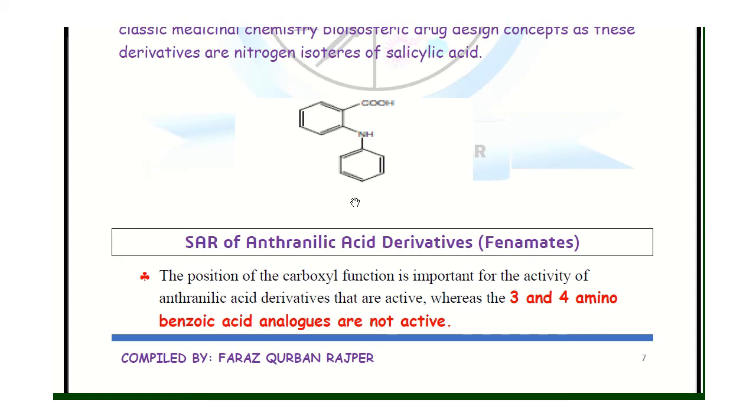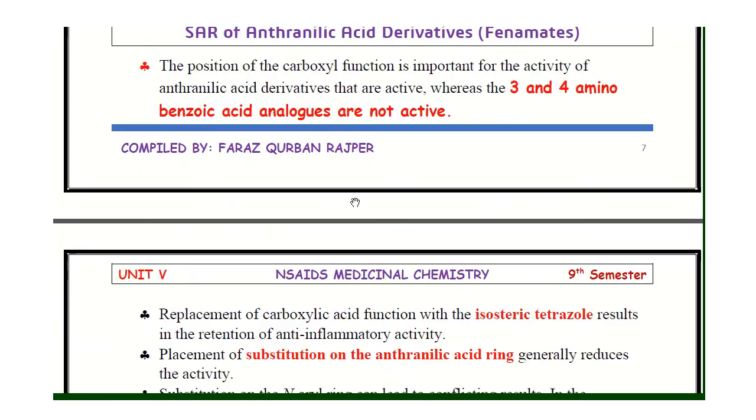their activity will be abolished. A replacement of the carboxylic acid functional group with the isosteric tetrazole, which is one of the important heterocyclic rings, will result in a compound that again has good anti-inflammatory activity.